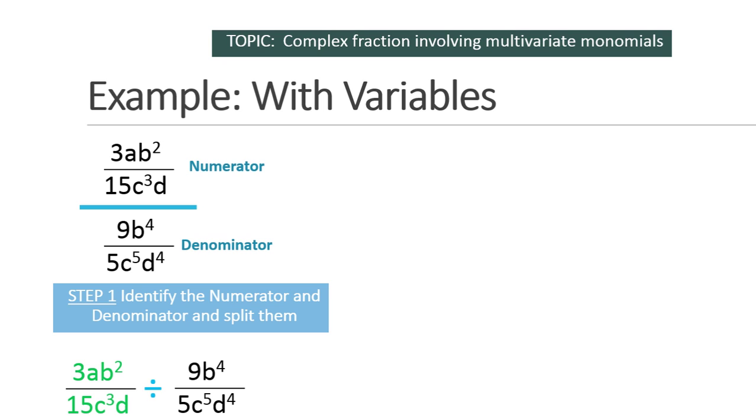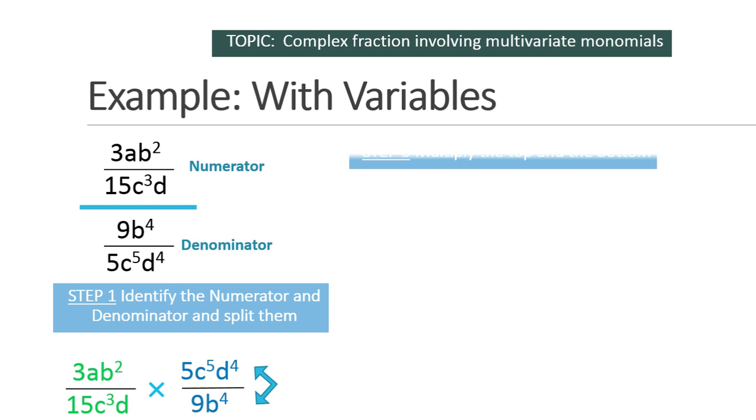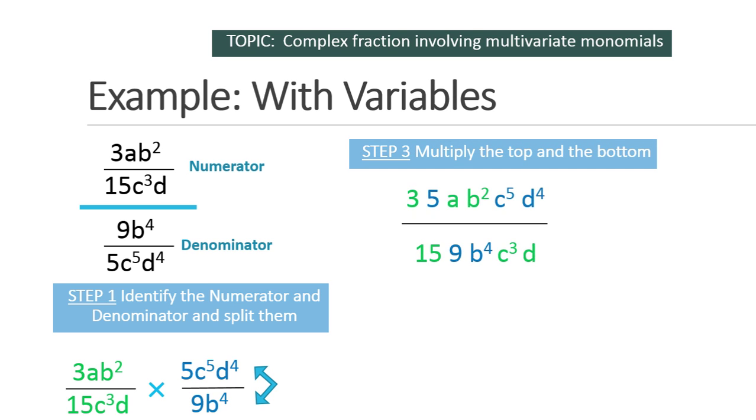Then we do our keep, change, flip. If you can see, we changed it again from division to multiplication, and we flipped the fraction. Now we can multiply across and solve.